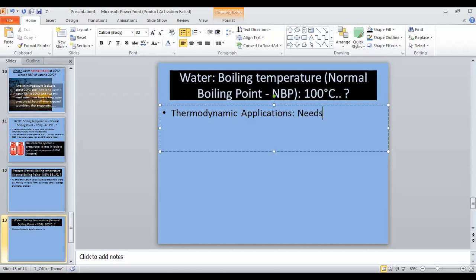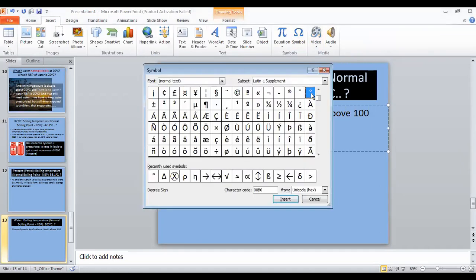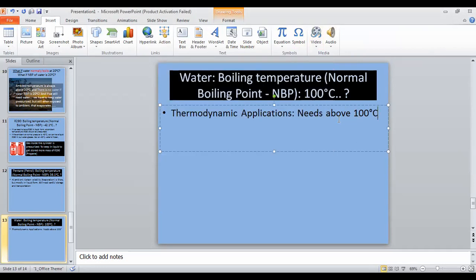So it needs above 100 degrees Celsius, well above 100 degrees Celsius, evaporated, what we call the steam, because it refers to the boiling point.